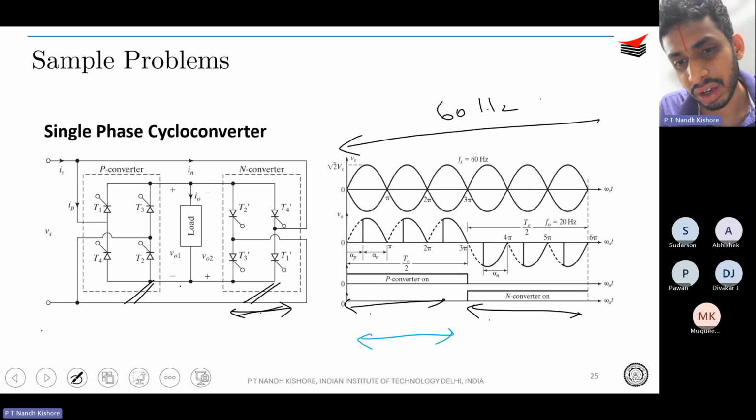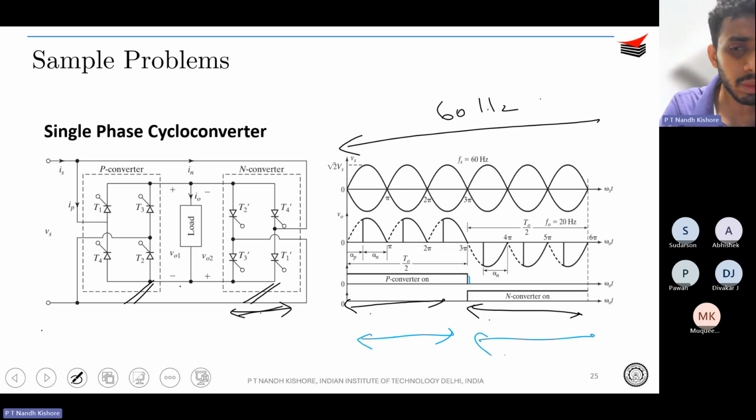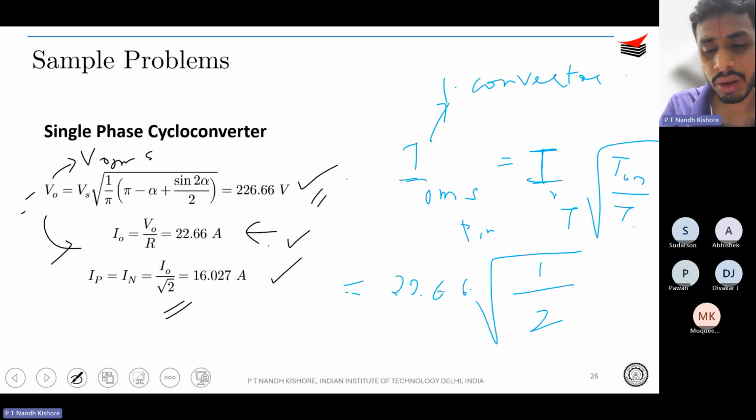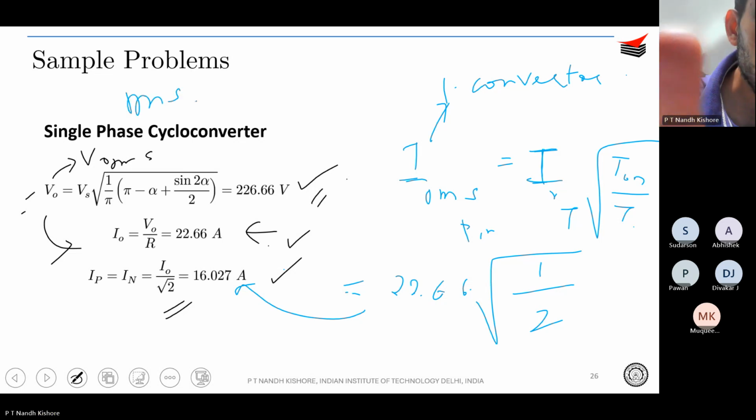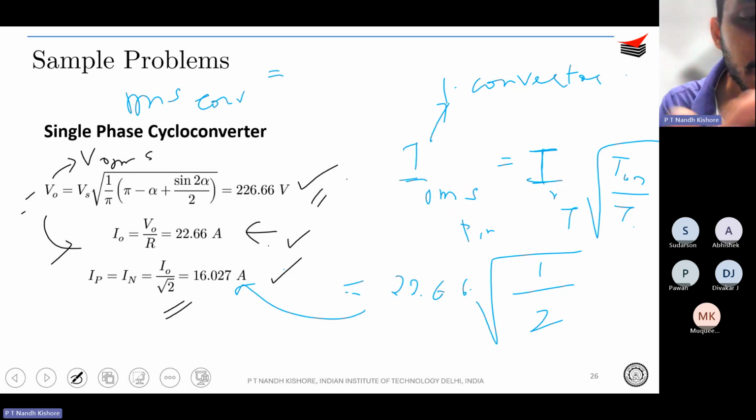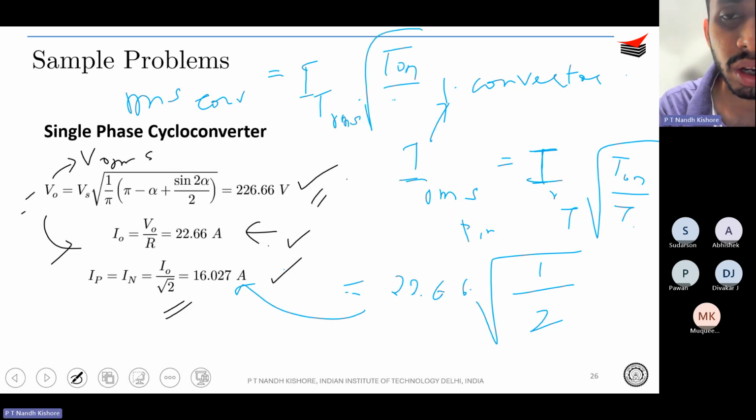The P converter is on for half and the N converter is on for the other half. So it is basically root over 1 by 2, and that will give you this. Got it? So the converter RMS current is equal to your total RMS current, I total RMS, into root over T on by T.